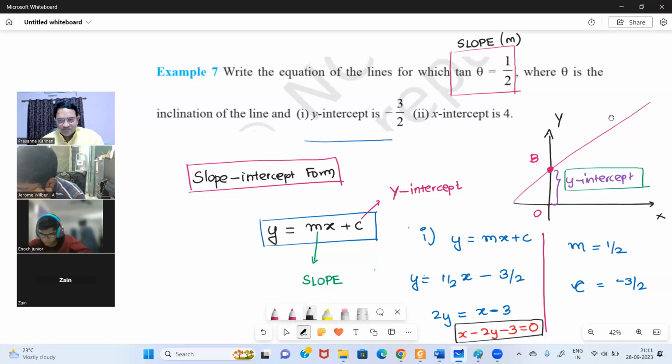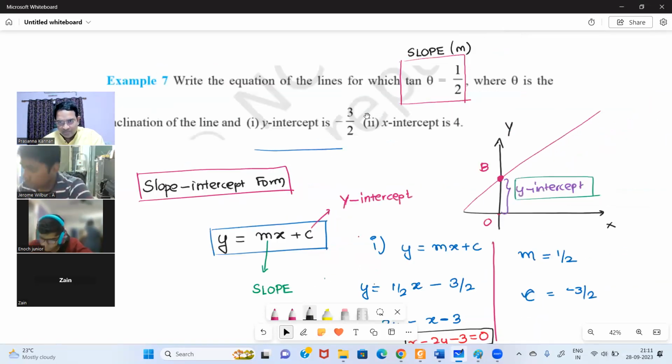Any doubts in this? No, sir. Are you getting the same answer? Yes, sir. Good. Now let's move on to the next part of the sum.